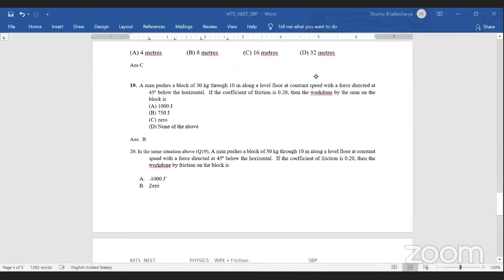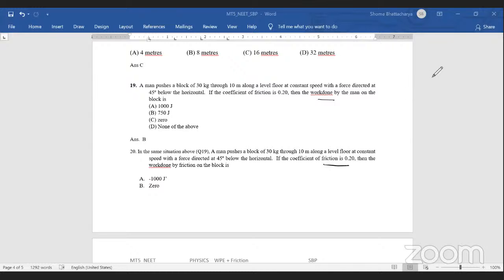Now in the 20th question, you have the same situation, but the force is applied. We have to calculate the work done by friction. So let's work out both 19th and 20. They are related to the same situation. If you can work out the 19th question, then the 20th is direct from that.